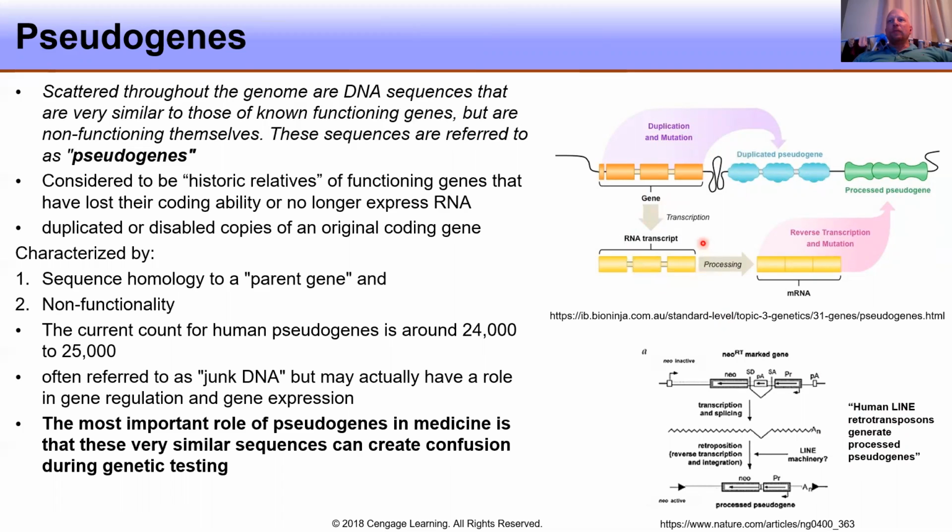And over here, we have a different method which creates what we call processed pseudogenes, whereby you get an RNA transcript and it gets processed, and then reverse transcriptase converts it back into DNA, and then it can insert back into the genome. So the creation of pseudogenes, as I mentioned earlier, is linked to these different mobile genetic elements. They're also relevant because we believe they're involved in the pathogenesis of a number of cancers.